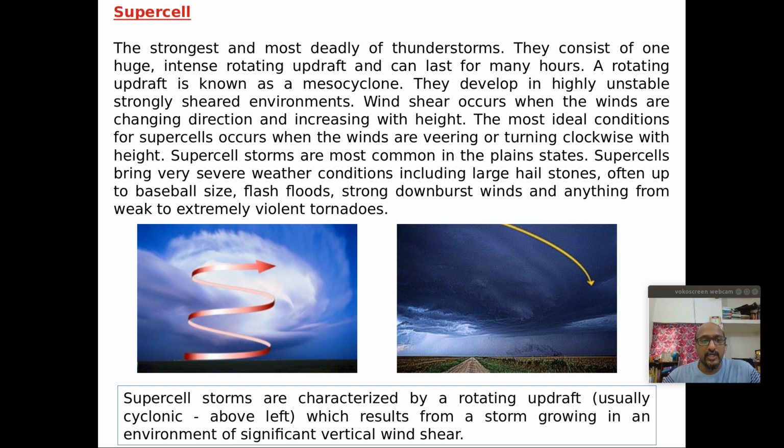The veering of wind, that means wind turning clockwise with height, is mostly favorable for this type of development. These are mostly common in the middle latitudes. The main hazard associated with supercell storms is tornadoes.